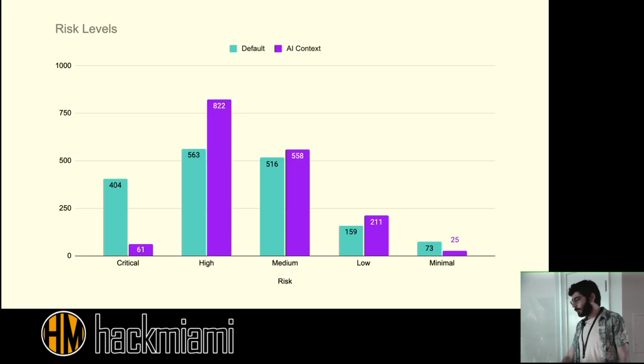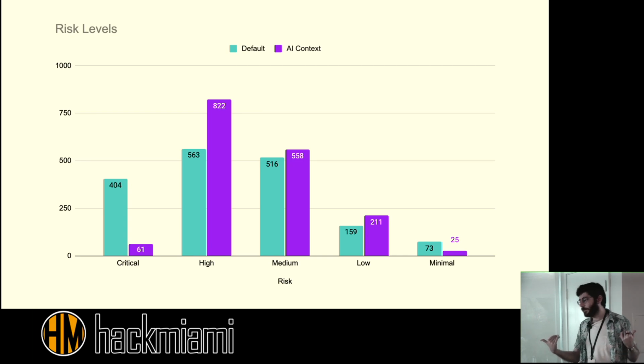So did that work? Kind of. I think I took those metrics when there were about 2,000 scans. Now there's almost 9,000 different Chrome extensions scanned. The light blue or teal color on the left side is the default rating from my tool without AI, and the purple one is what AI said.